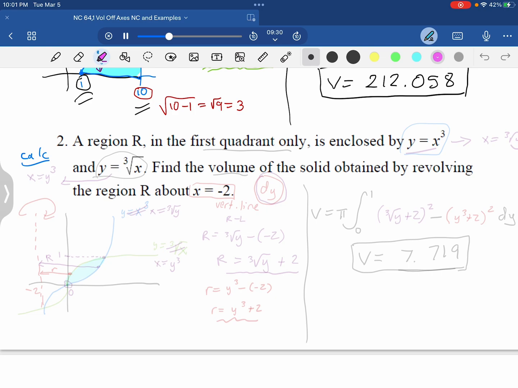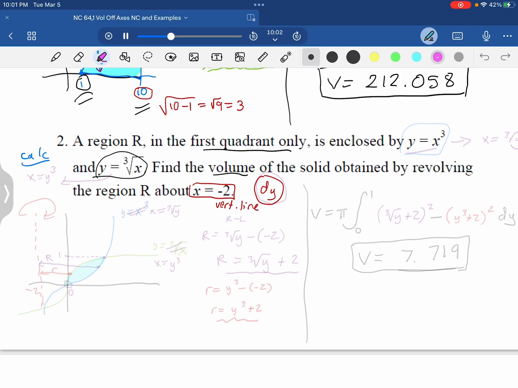So here we have region R in the first quadrant only enclosed by y equals x cubed, y equals the cube root of x, and we're looking for the volume found by revolving this region about the line x equals -2, which to clarify, is a vertical line, which means this one's going to be a dy, where we're spinning it around a vertical axis.